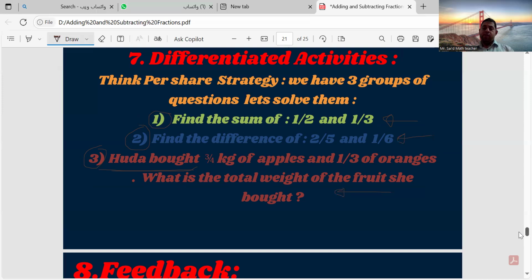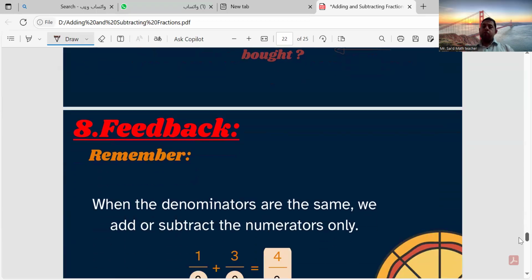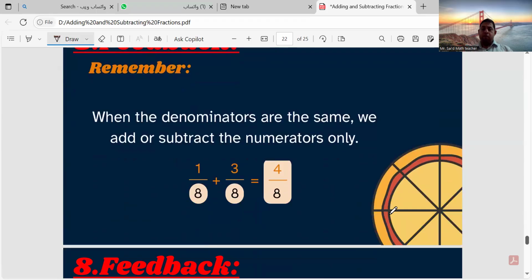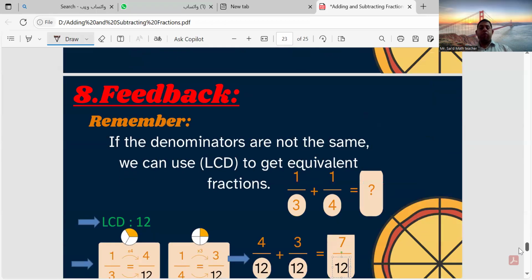Okay, let's revise what we studied before in this lesson. We studied how to add and subtract fractions. Don't forget that if you have the same denominators, we just add the numerators. And subtraction, the same idea. But if we have different denominators, we have to follow the steps.